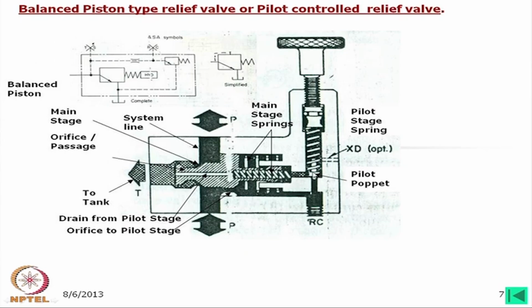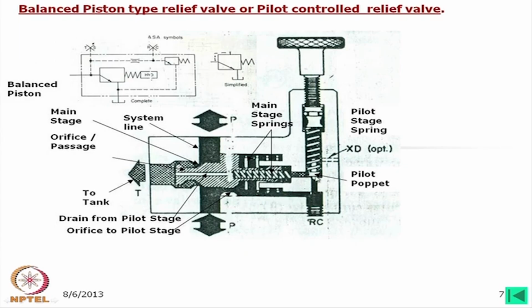Now, if the pressure is below set pressure, then there is no flow. Remember, there is no flow. No flow means the thrust this side and thrust this side remain the same. So this is in a position and it is sitting on that.